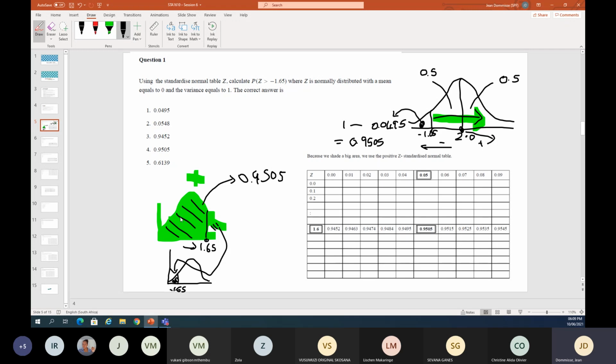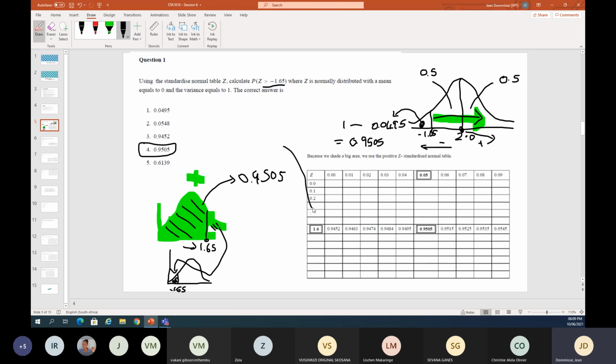Okay, so if we need the bigger area, like we can see there, it is the same as that bigger area. So then we can just use that number of 0,9505. And I think that is nearly where sometimes some of the answers are very confusing, because they go straight into the positive 1,65, where they ask for the negative 1,65.